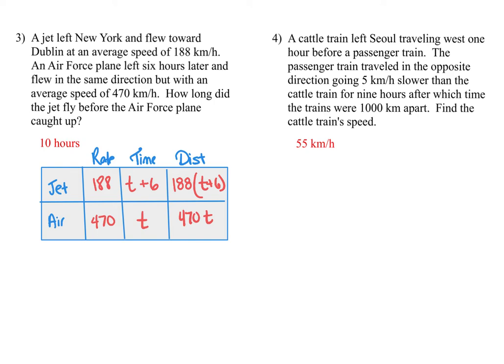We know these distances are the same. They left and they caught up. Caught up is always the same. So I'm going to say 188(t plus 6) equals 470t. I am going to distribute, what is it, 648, so 480, 1080.